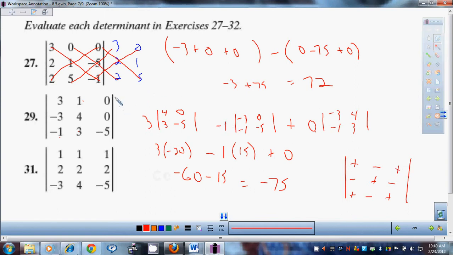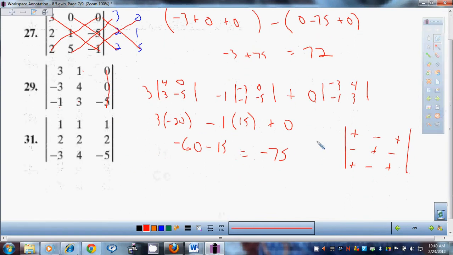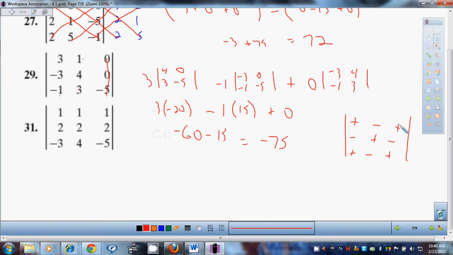Well, like say this one, see how it has 2 zeros? I could have chosen that column to use originally. And had I done so, it would go regular sign, opposite sign, regular sign. It would have been 0 plus my first minor minus, just because it's negative, 0 times my second minor plus negative 5 times my third minor.